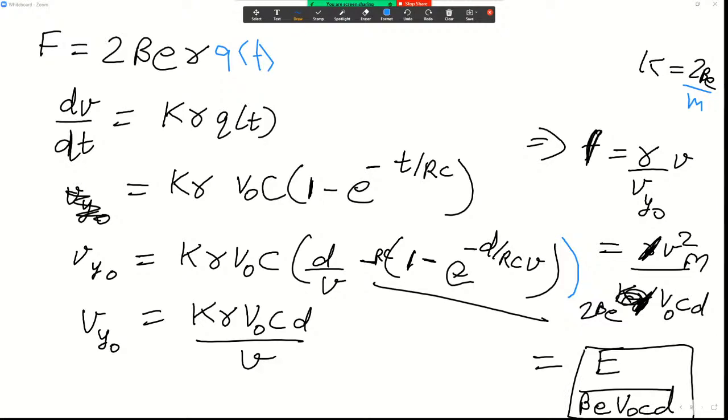Okay, is that correct? Okay, yeah, it is correct, but still I don't understand why we can neglect this term.